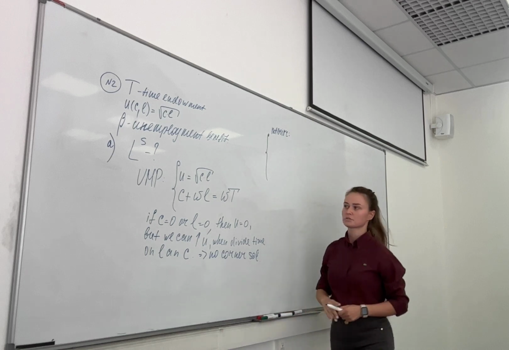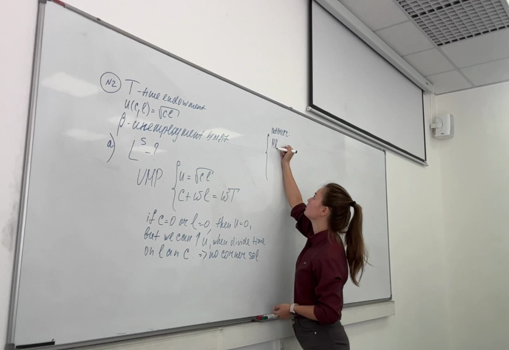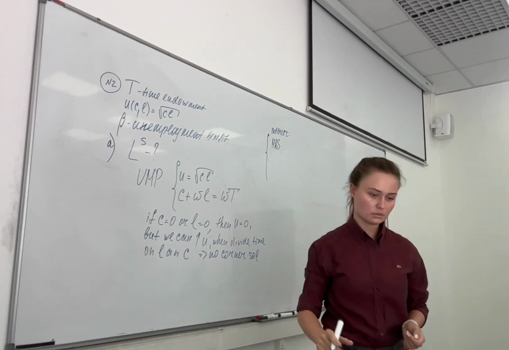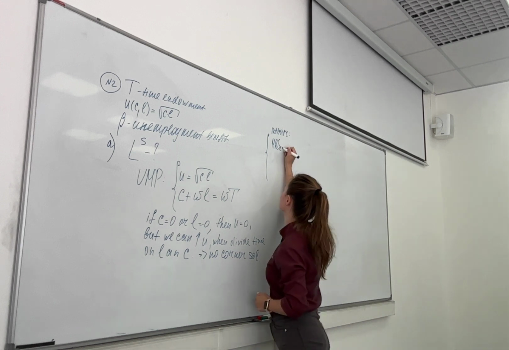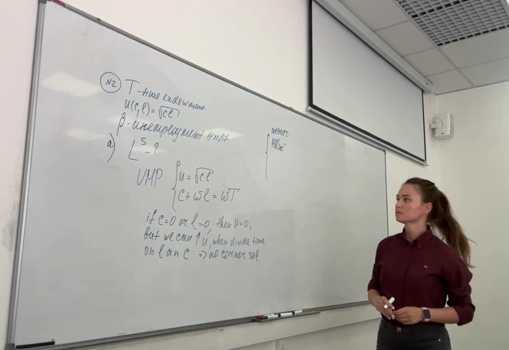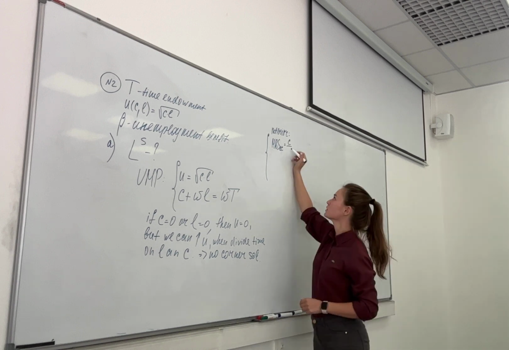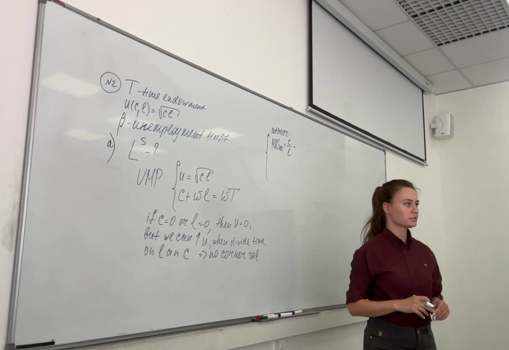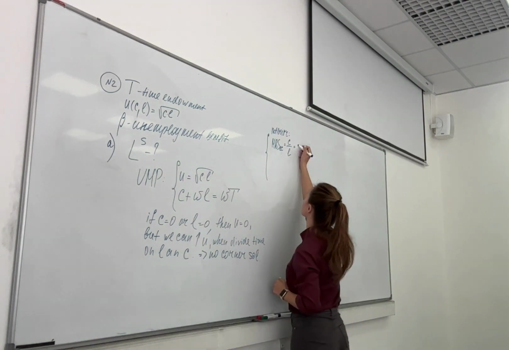The marginal rate of substitution is what? Consumption to leisure, or leisure to consumption. It is C divided by leisure, and it should be equal to the price ratio. The price ratio is our wage.